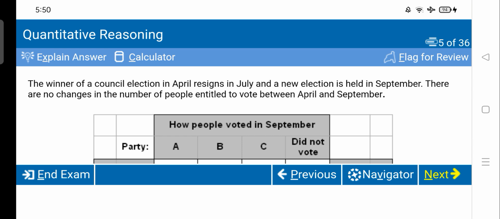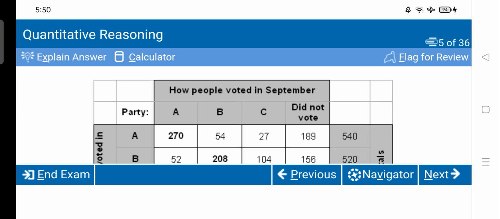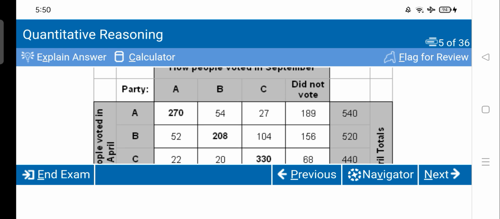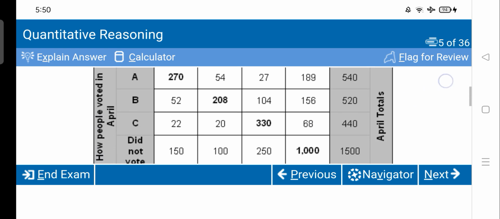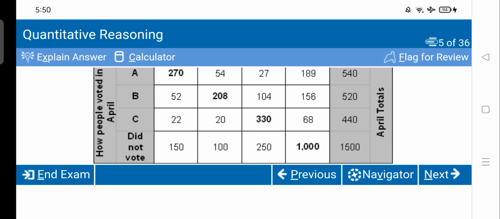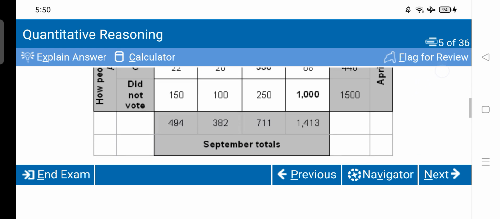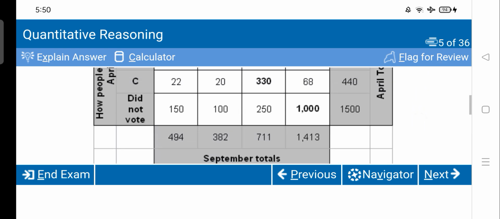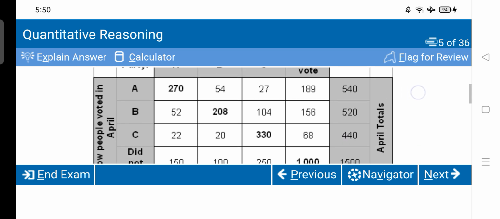There are no changes in the number of people entitled to vote between April and September. So, how did people vote in September? Party A, B, C, or did not vote. That's the data we have in this table.